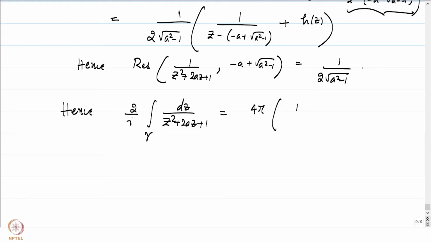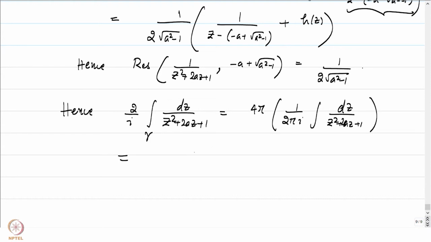This is going to be 1 by 2 pi i times the integral of dz by z square plus 2az plus 1, which is now equal to 4 pi by this.